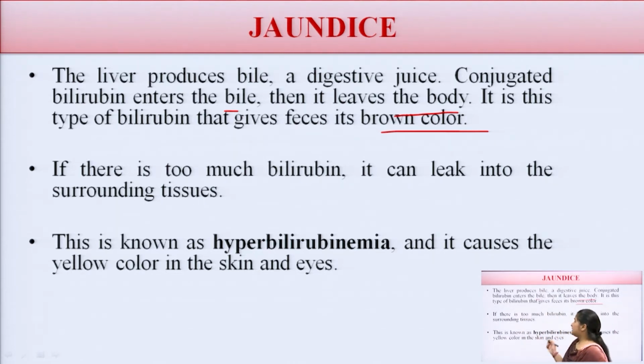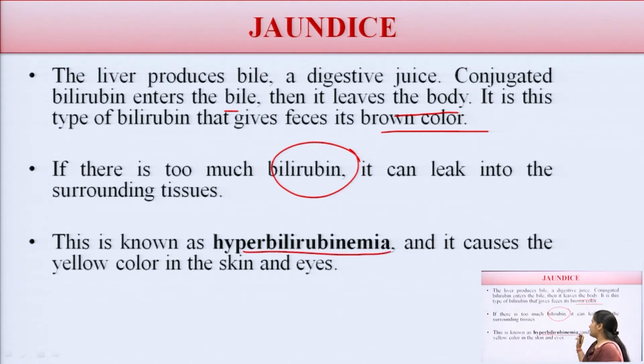This condition, whenever the bilirubin remains in the bloodstream, the term is known as hyperbilirubinemia, right. Hyperbilirubinemia means there is an excess amount of bilirubin in the bloodstream and it causes a yellowish color in the skin and the eye.